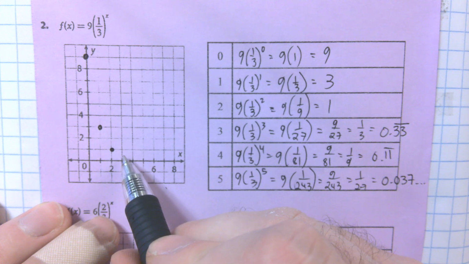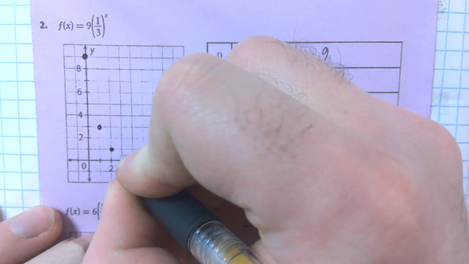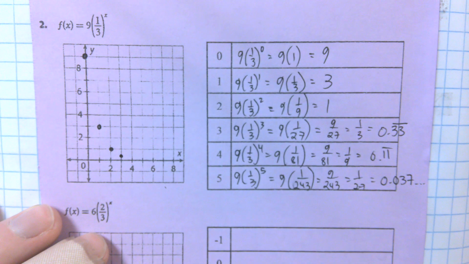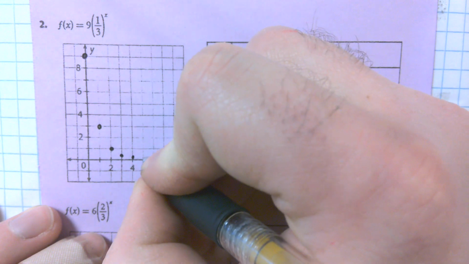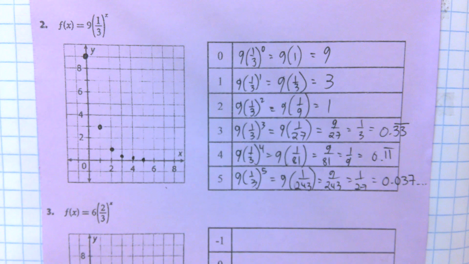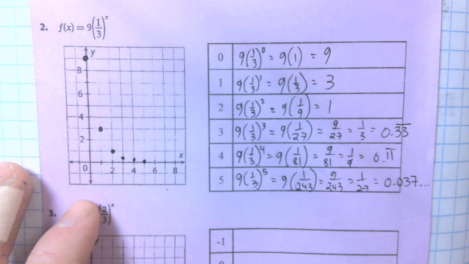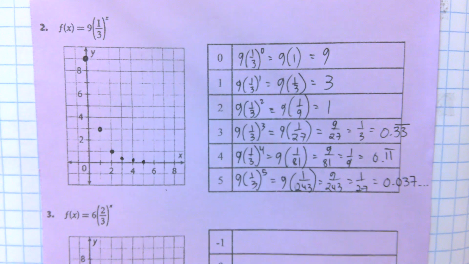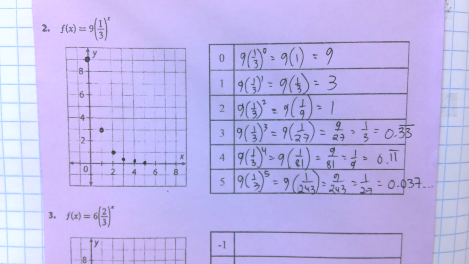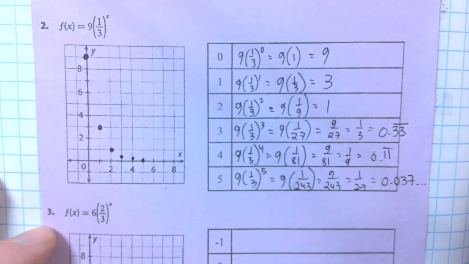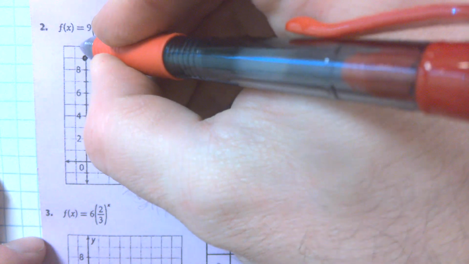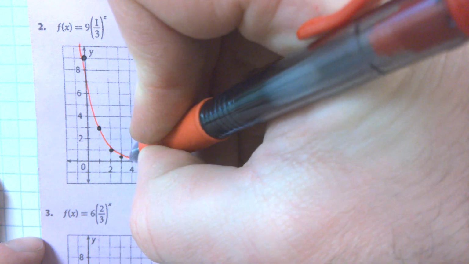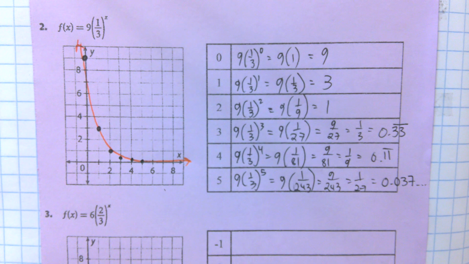Then I've got 3, 1/3, 4, 0.11, and 5, 0.03. And there's my graph in red.